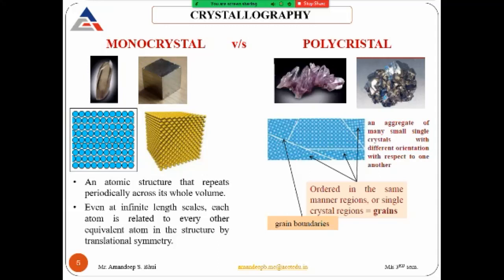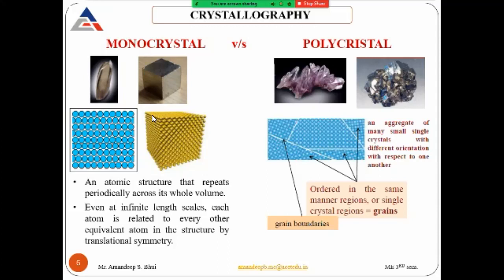In each of these regions, the molecules are arranged in a separate orientation, and if you take a single crystal out of that, it is known as a grain of that crystal. The white lines that separate one grain from another are known as the grain boundaries.